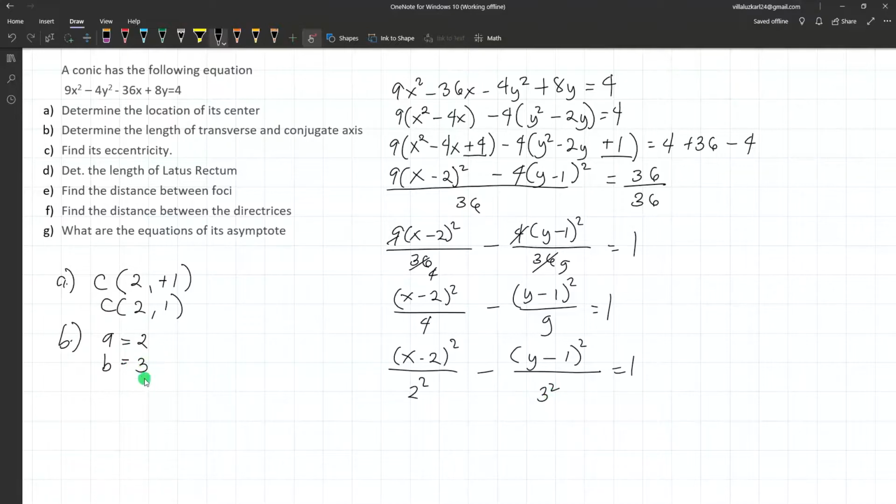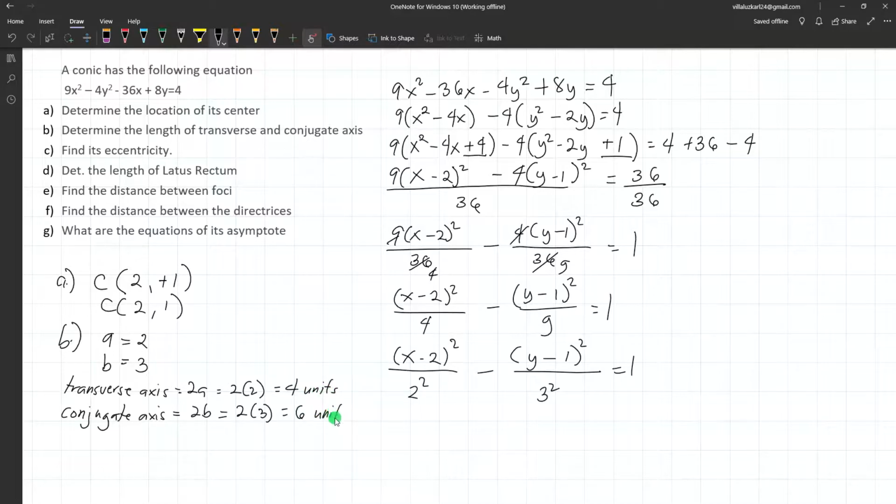The transverse axis equals 2a, 2 times 2, which is 4. The conjugate axis equals 2b, 2 times 3, which is 6 units. So those are the answers.